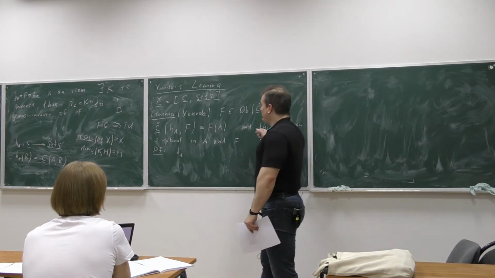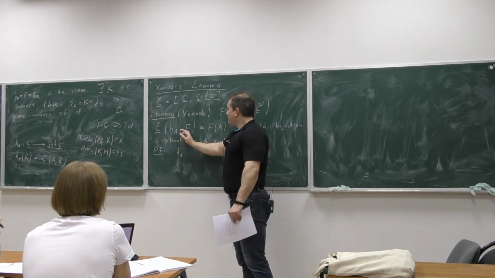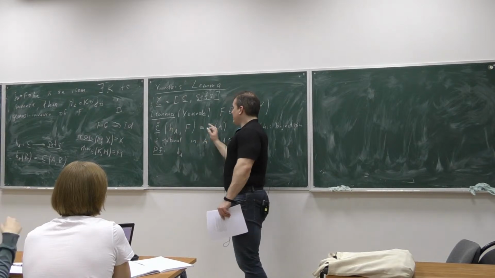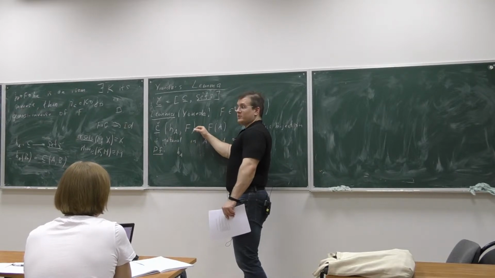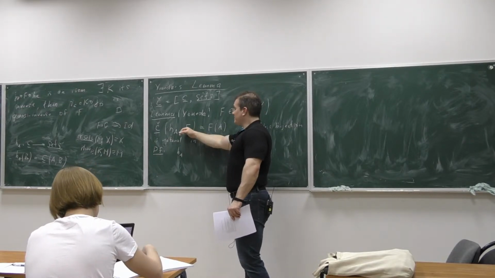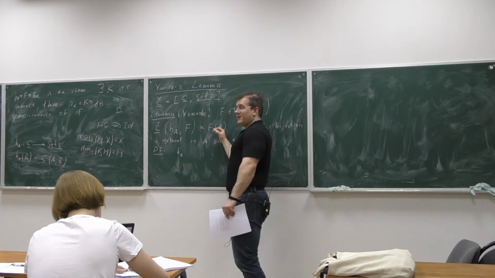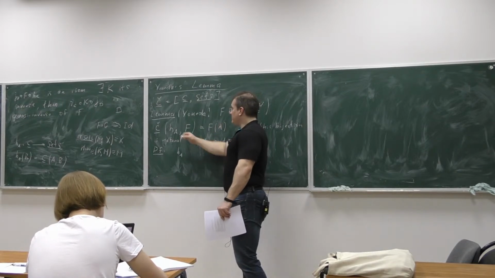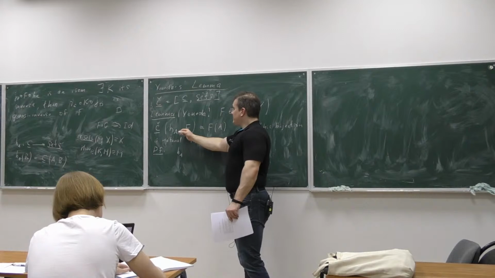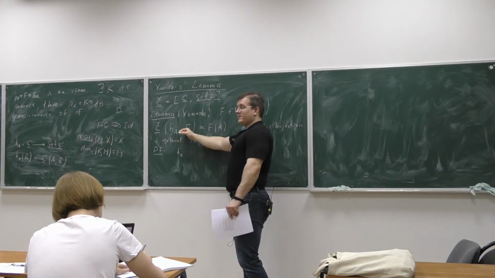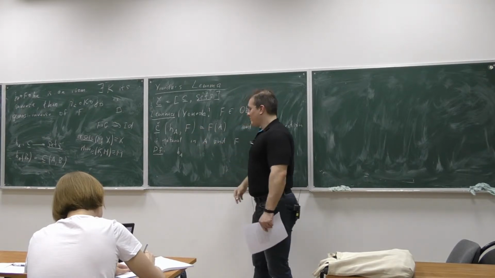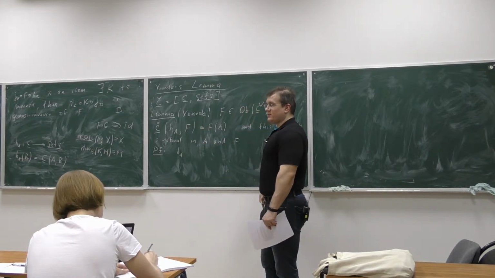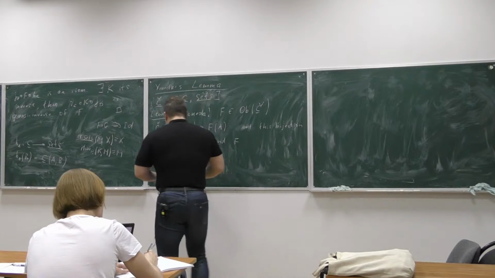It means that, for example, if you fix F and you consider the left-hand side and the right-hand side as a functor of A, then this bijection will be a natural transformation from this functor to this functor as functor of A. And the other way around, if you fix A and you consider the left-hand side and the right-hand side as a functor of F, again, this will be a natural transformation. I'm going to write precisely all the commutative squares that correspond to this naturality.